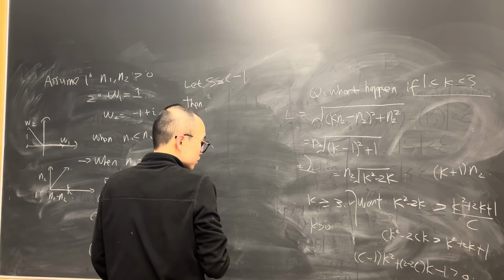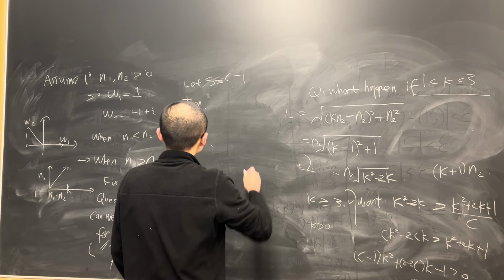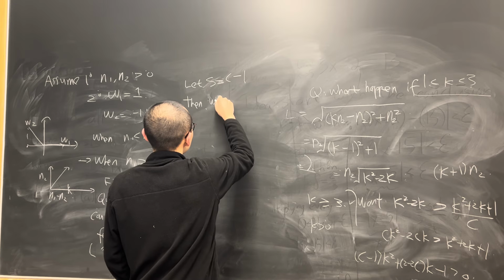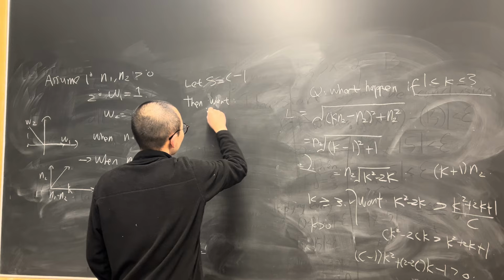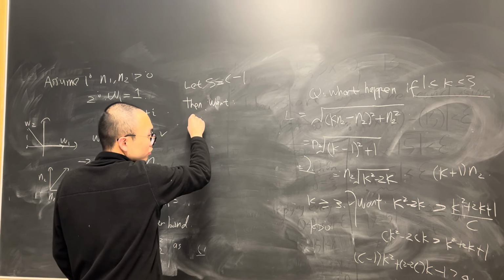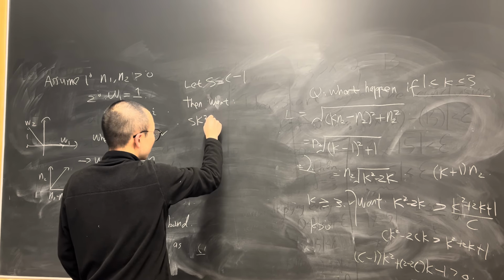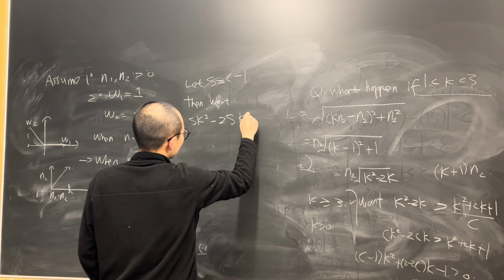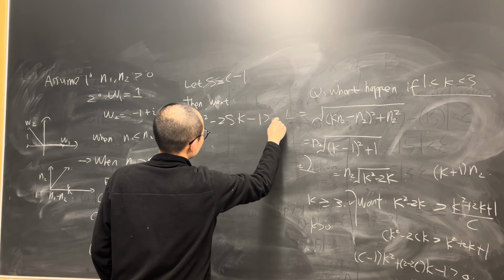Then this becomes, so then what we want is that if we have s k squared minus 2s k minus 1 is bigger than 0.